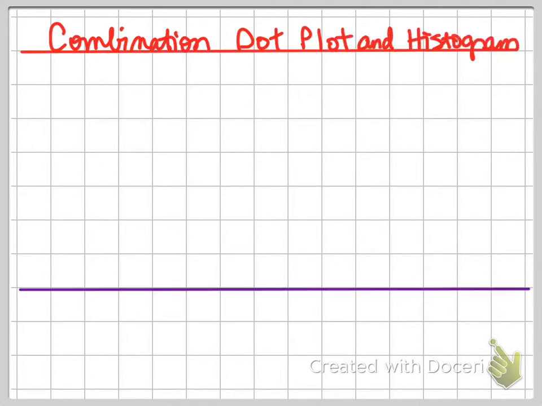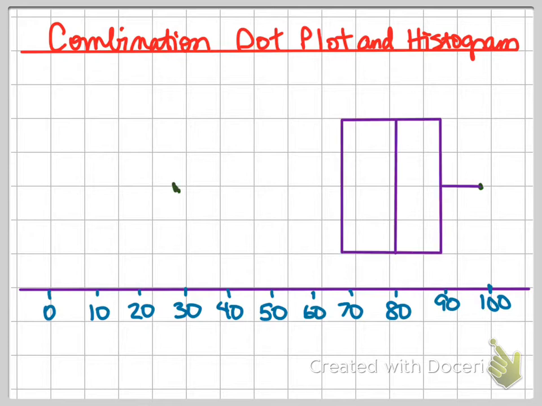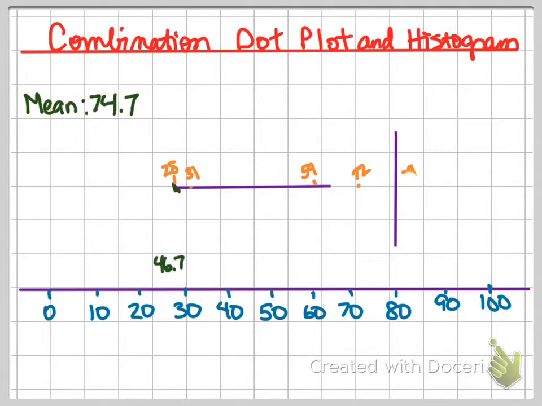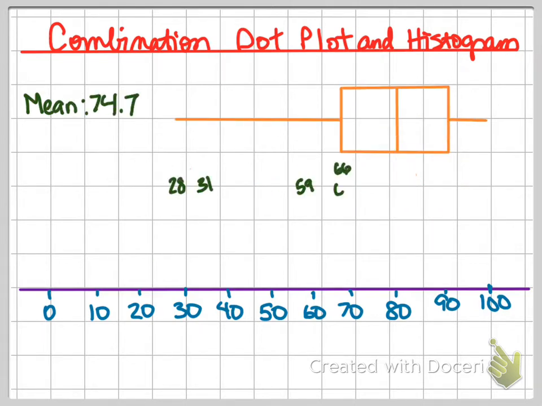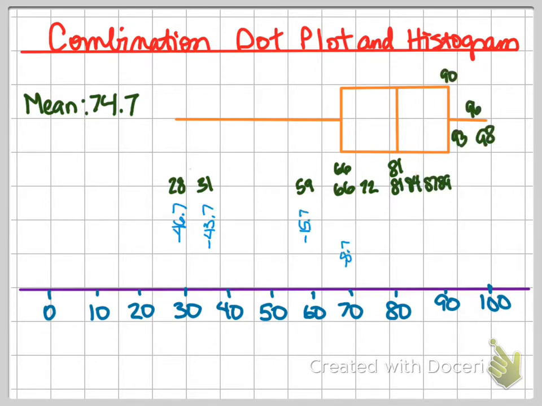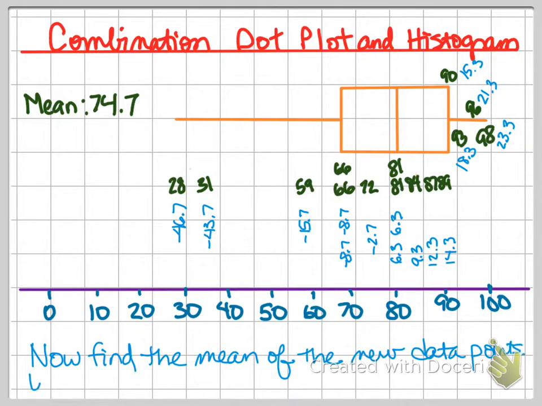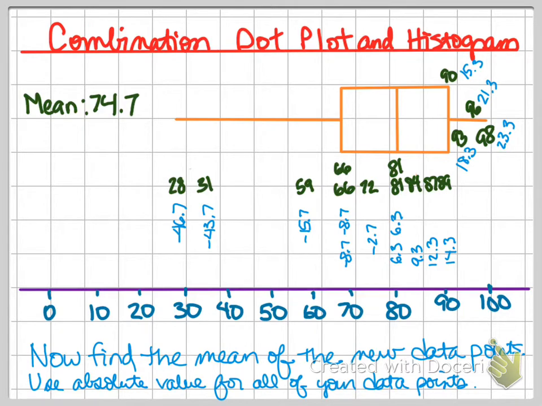So what I'm about to draw for you here is a combination of a dot plot and a histogram. And in it, what I've done is I first created the box plot showing a scale of 0 through 100 across the bottom. And then I am putting the data points underneath it so that you can see the combination of the line plot and the box plot. The green numbers show where the dot plot data points would go from the stem and leaf plot I showed you on the previous slide.